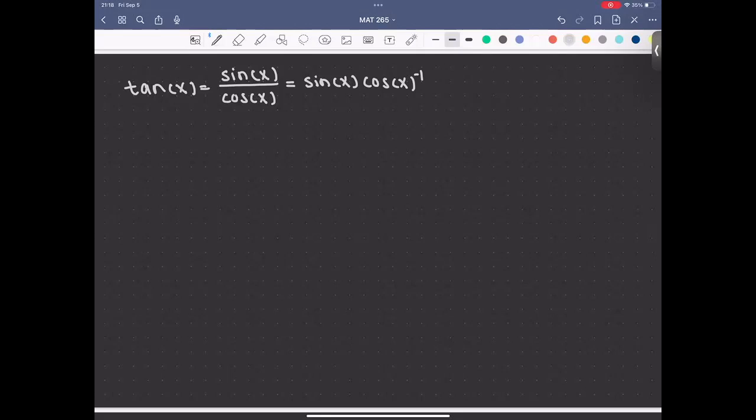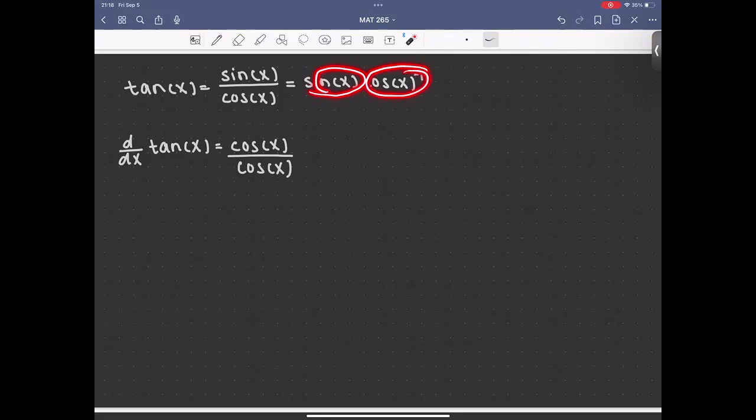So let's take the derivative now. d/dx of tangent of x is going to be equal to, okay, product rule. Let's take the derivative of sine. We saw that's cosine of x. Now I have times 1 over cosine of x, so over cosine of x. Again, I'm doing product rule here. Take the derivative of sine of x, leave 1 over cosine of x alone.